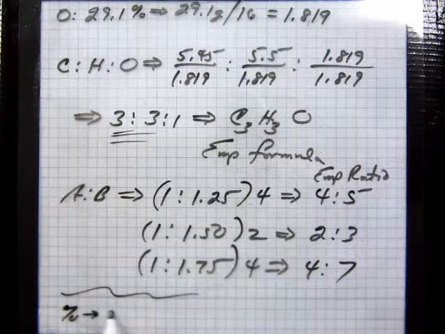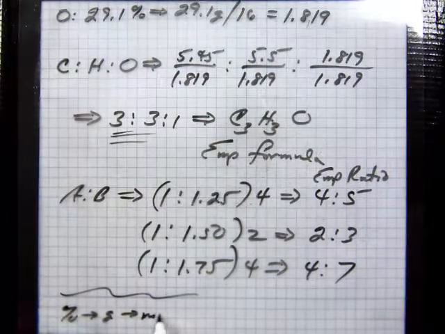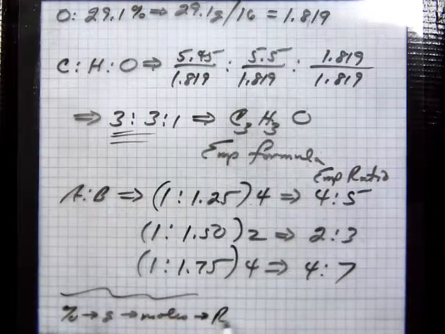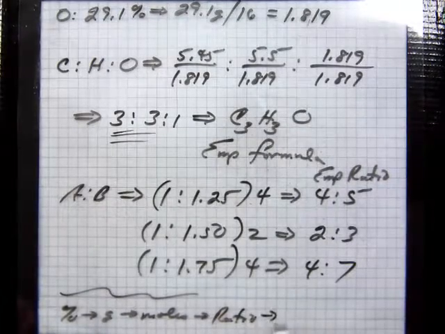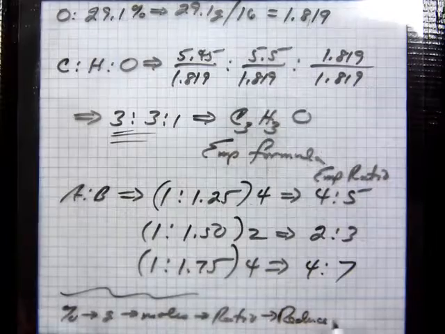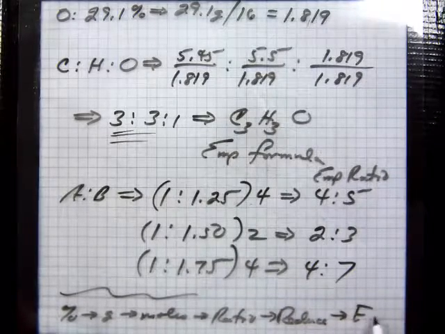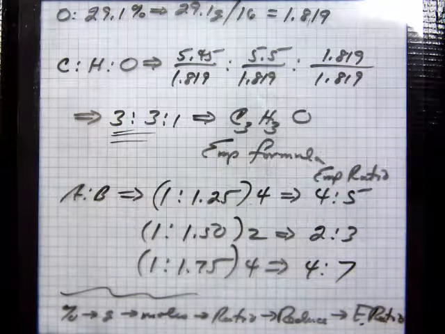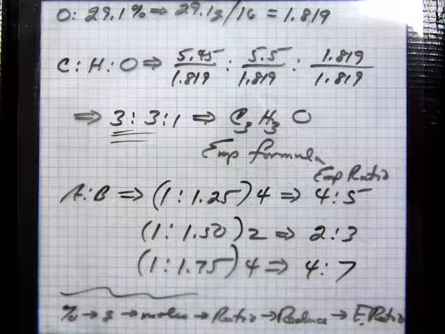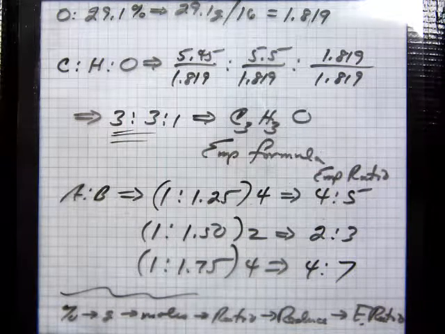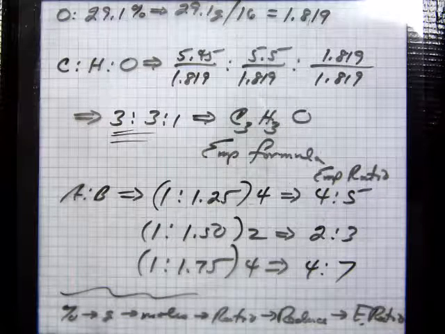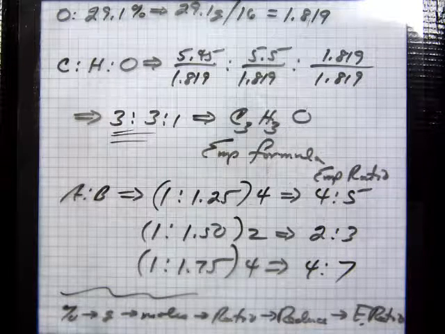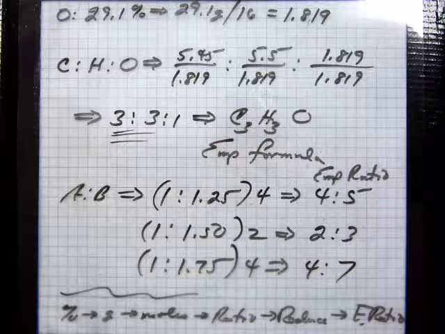Percent to grams to moles, ratio, reduce, and that gives you your empirical ratio in that order. So practice that 2 or 3 times, you'll have it, no problem. Count on problems in various forms in that. Now that just takes you to the empirical formula.